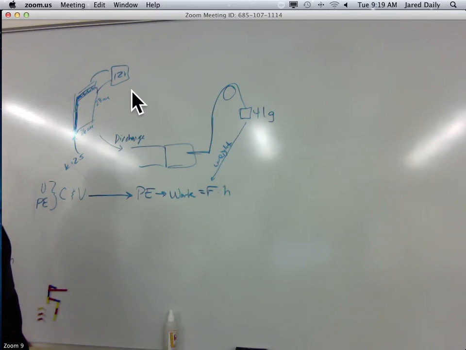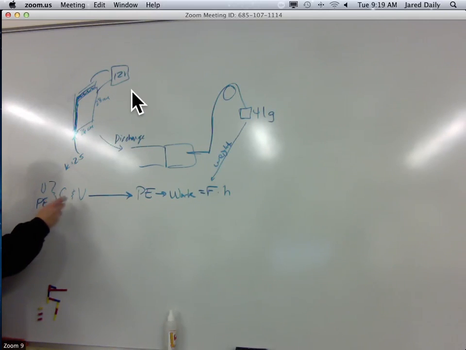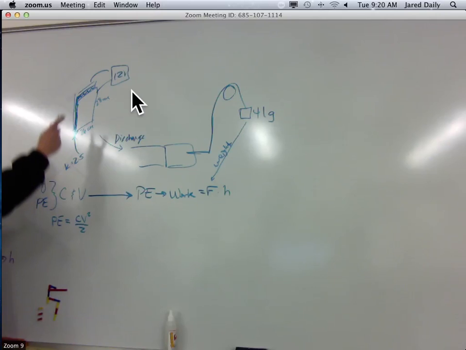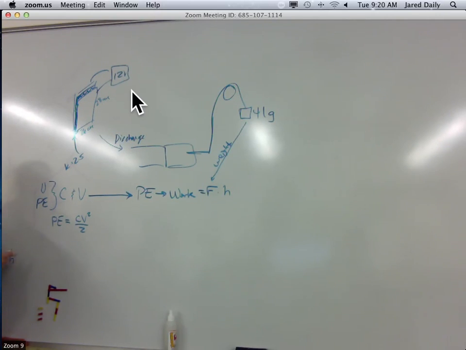Now there is a formula for the energy stored in the capacitor. If you use capacitance and voltage, potential energy stored in the capacitor is C times V squared over 2. Is it CV squared? CV squared over 2. That means I need to know the voltage, which I do know, and the capacitance, which I don't know yet, but I can calculate it.